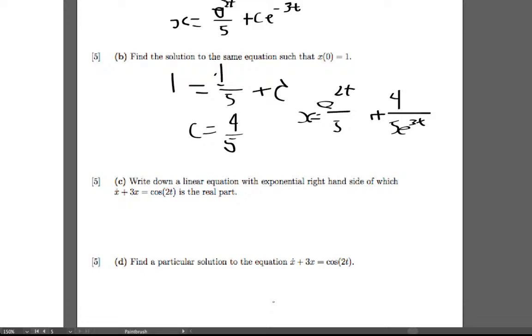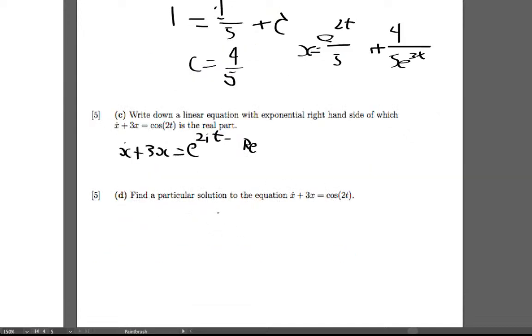So we just need to find this first. x dot plus 3x would equal e to the power of 2it, which you take the real part, obviously. You should write the real part at the very beginning, but at this point I'm too lazy. And then find the particular solution to that problem.